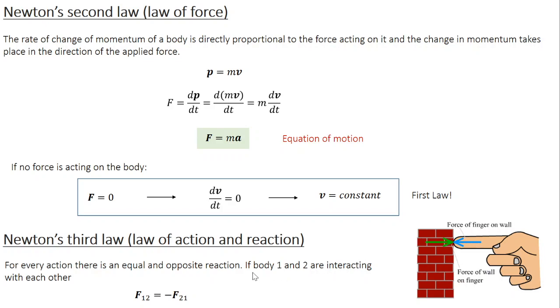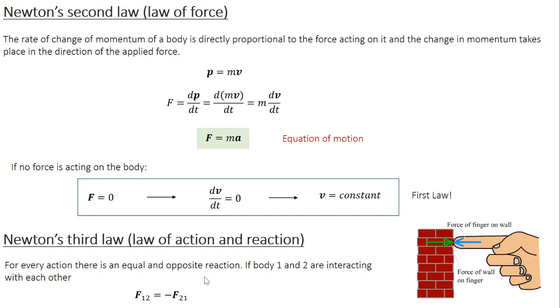And if you take two bodies, body 1 and 2, which are interacting with each other, let F12 be the force exerted by body 1 onto body 2 and F21 the force exerted by body 2 onto body 1, then according to Newton's third law, F12 equal to minus F21.